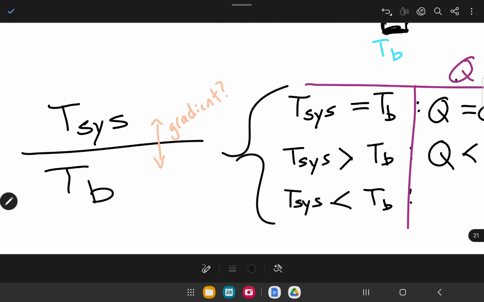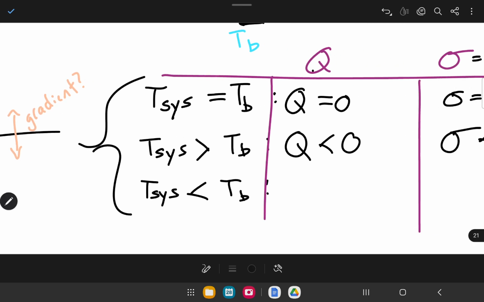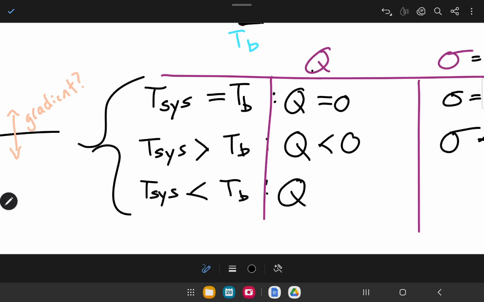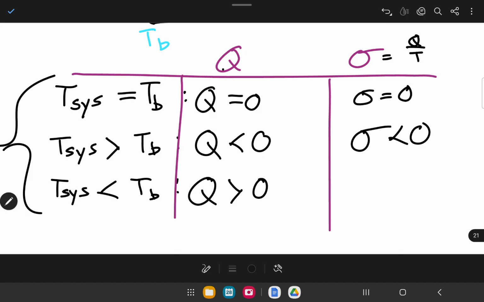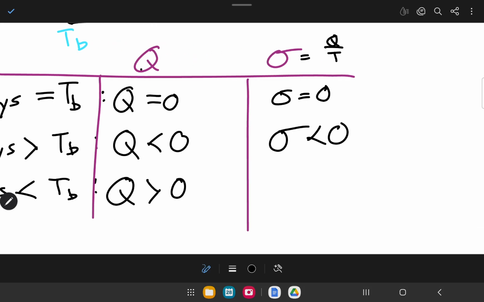This last one's a little tricky. If the boundary temperature is greater than the system temperature, then you would have, theoretically, Q, or heat, moving into the system. The problem is that's not going to happen. This cycle can't take place because there is no temperature gradient for the thermal energy to be able to do work.